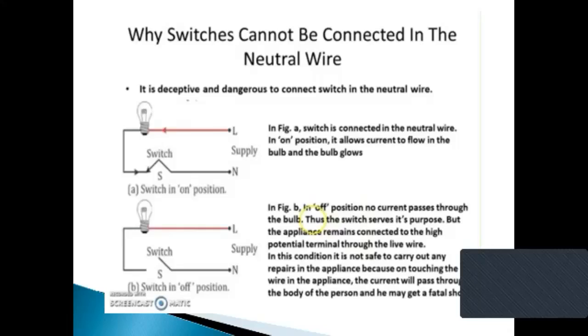This condition is not safe to carry out any repairs in the appliance, because on touching the live wire in the appliance, the current will pass through the body of the person and the person may get a fatal shock. Even in the off position, what is happening? A large amount of current is flowing to the bulb. So that is the reason we use the switch in the live wire.